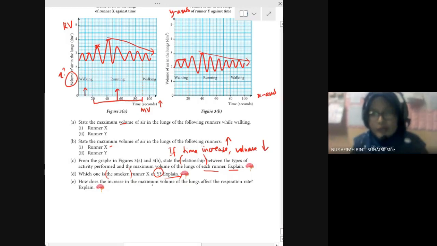Okay, how does the increase in the maximum volume of the lung affect the respiration rate? So how? If the volume increase, the respiration rate also increase lah.